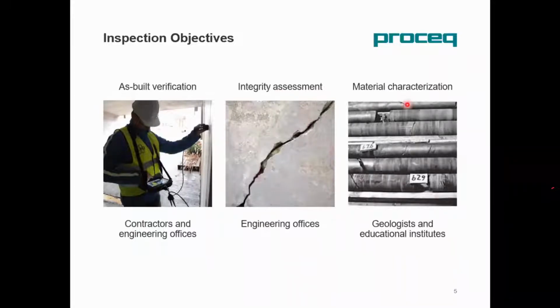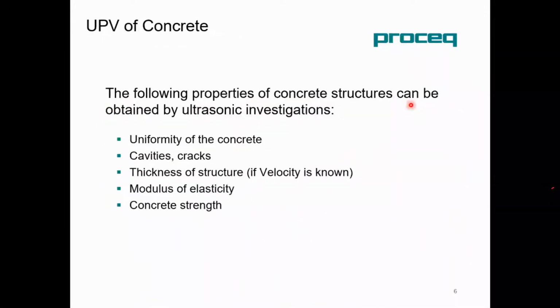Materials characteristics: UPV testing is also widely used in geology, primarily for E-Modulus testing to characterize the rock type or strength. Here is some of the information that we can obtain from UPV testing: for example, the uniformity of concrete, cavities, cracks, thickness, the E-Modulus, concrete strength, and so on.